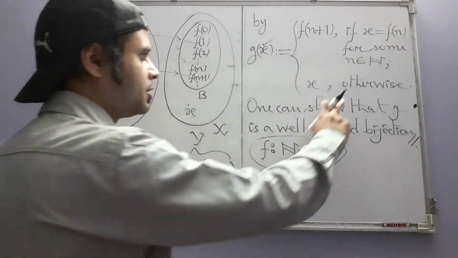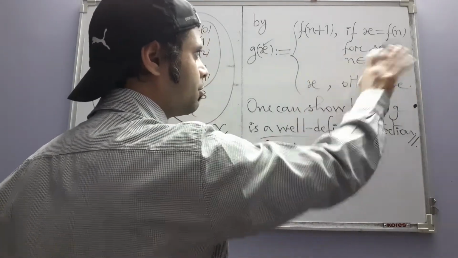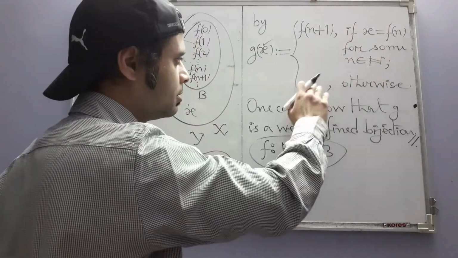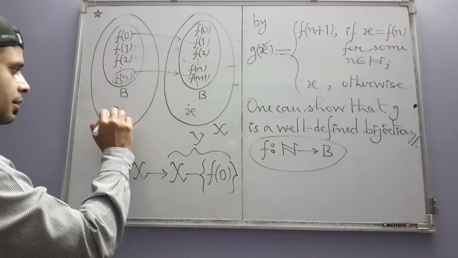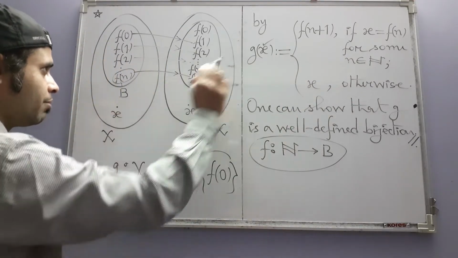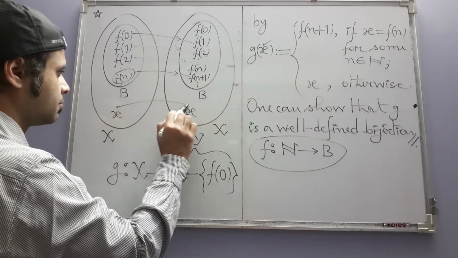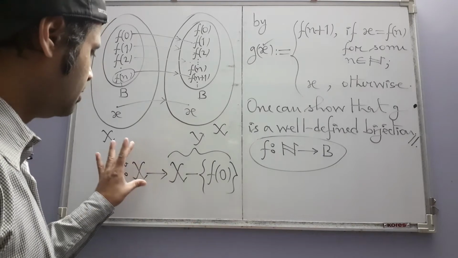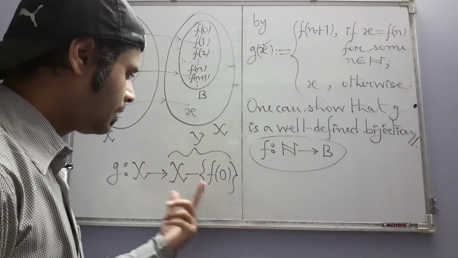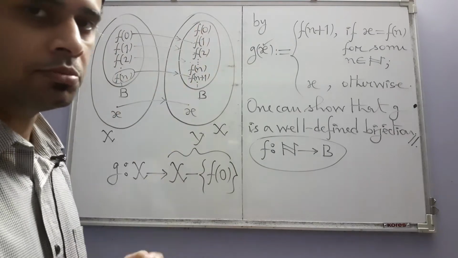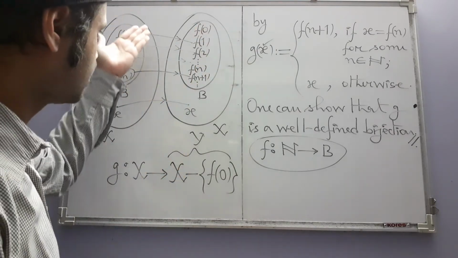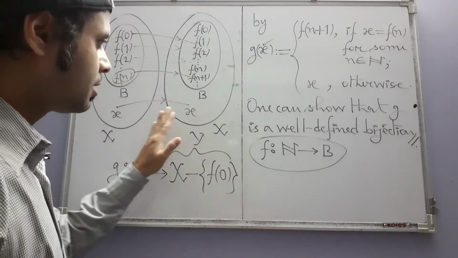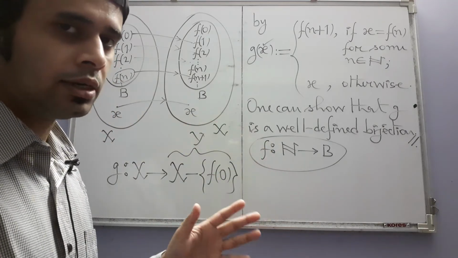If we have something else, x, which is not in B, then we map x onto itself, and this sets up a bijection between X and X from which f of 0 has been removed. In this diagram you can see why, and using this diagram you should be able to write a rigorous proof.